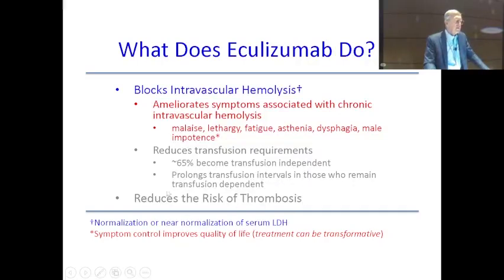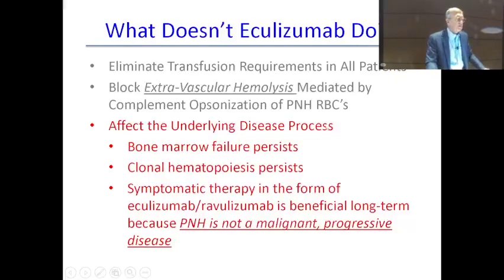And another very important part of this inhibitory therapy is that it markedly reduces the risk of thrombosis in patients with PNH, which is another very important part of the disease spectrum. What it doesn't do is block the extravascular hemolysis that's mediated by C3 opsonization of the red cells.